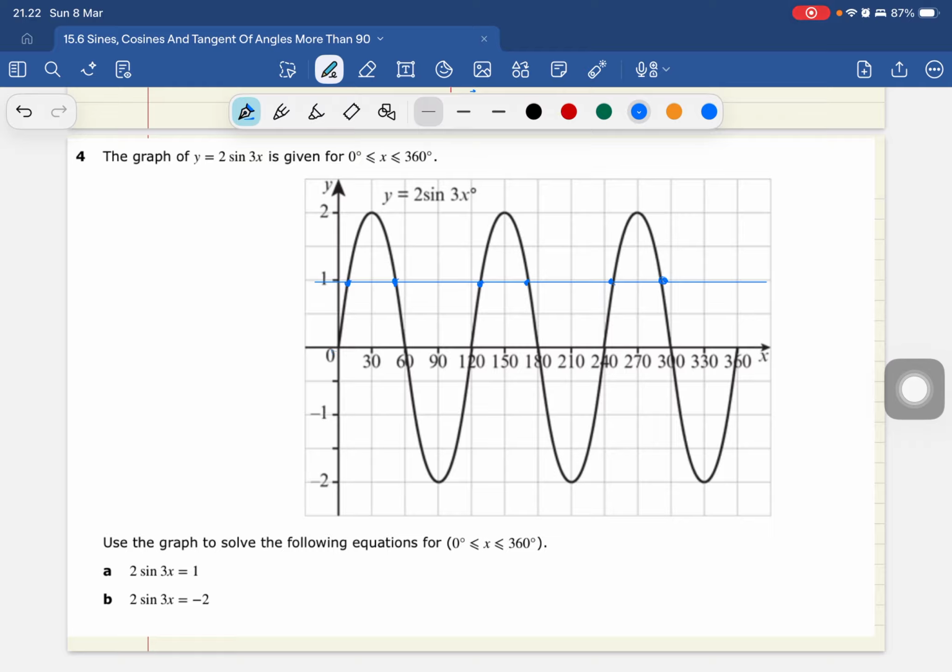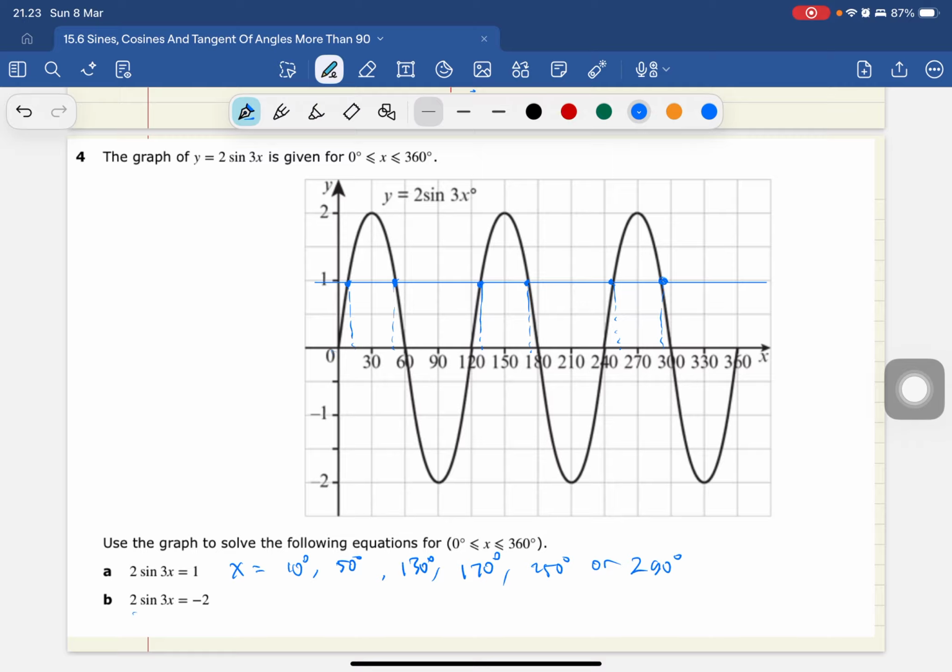We got 6 answers. So x is going to be 10 degree, and then 50 degree. Next we got 130 degree, then 170 degree, 250 degree, and the last is 290 degree.